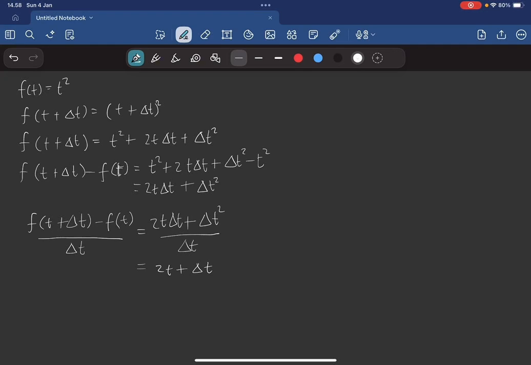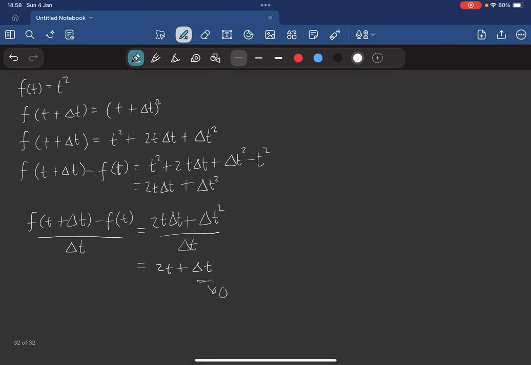The first term does not depend on delta t and survives, but the second term tends to 0 and just disappears. This is something to keep in mind: terms of higher order in delta t can be ignored when you calculate derivatives.